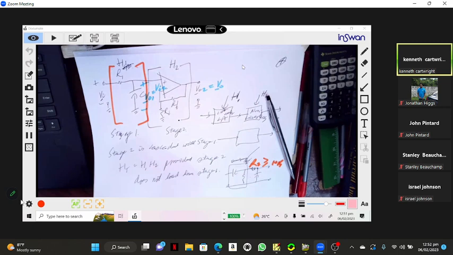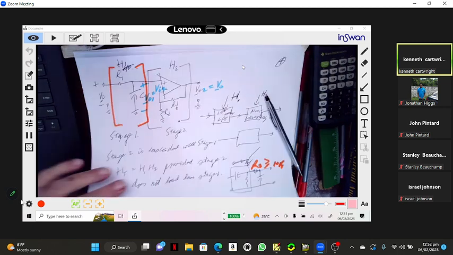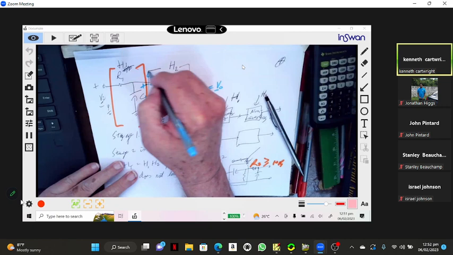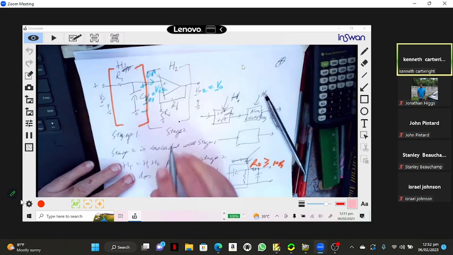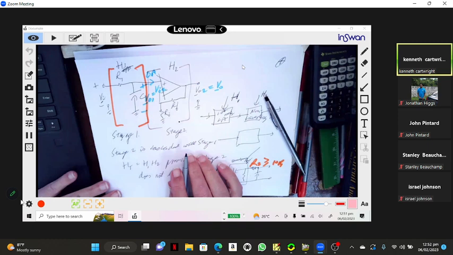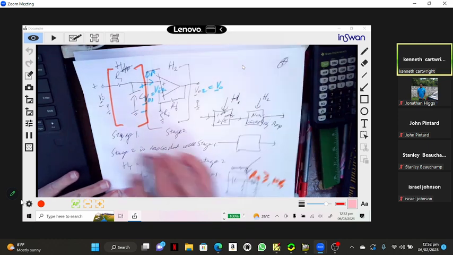There's 0 amps flowing through here. So it's just like nothing's connected to that capacitor. So stage 2 is not loading down stage 1.